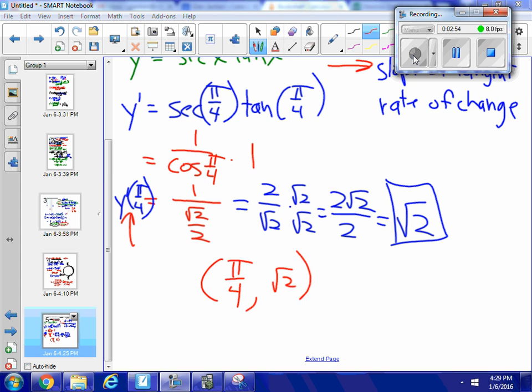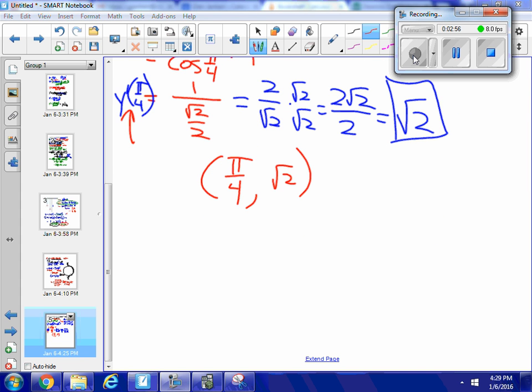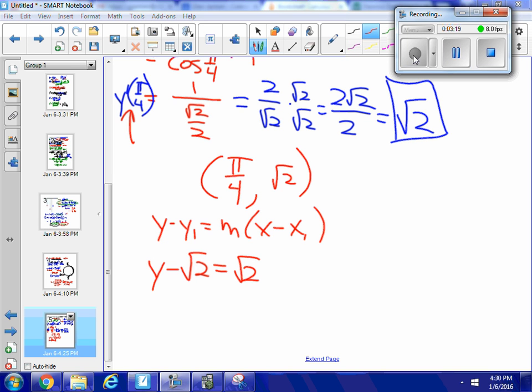If I want to find my tangent line, I'm going to use the point slope form: y minus y1 is equal to m times x minus x1. So I have y minus radical 2 is equal to radical 2 times x minus pi over 4.